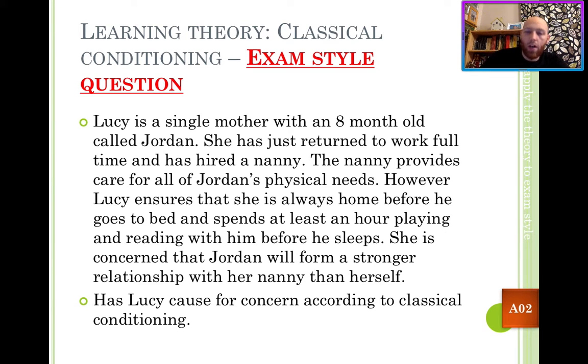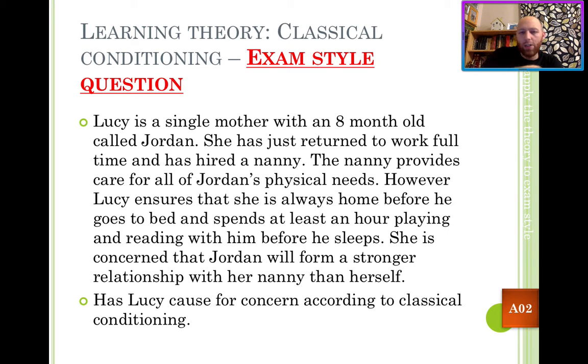Well, yes, because the nanny provides all the physical needs, the feeding, the changing, and these are all stimulus response relationships. If the baby's nappy is wet and the nanny changes that, the nanny will be removing a negative stimulus from the baby, negative reinforcement. So that's operant conditioning.